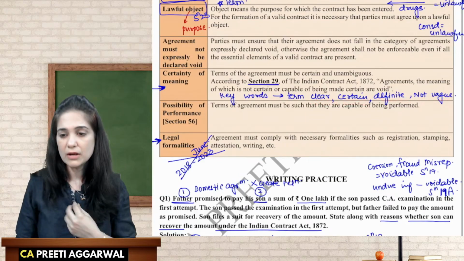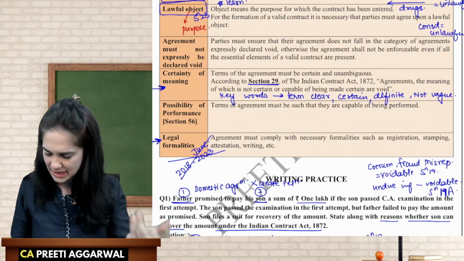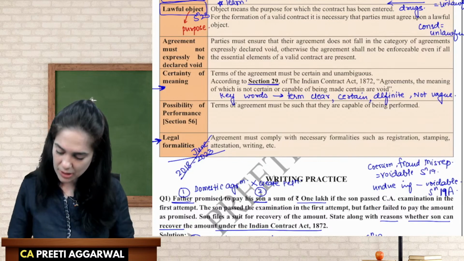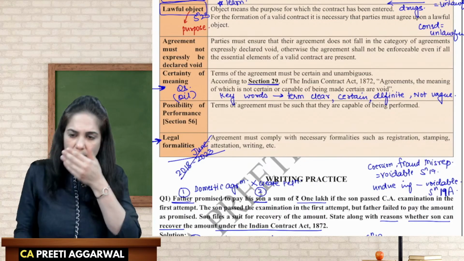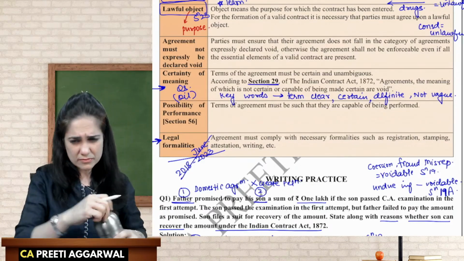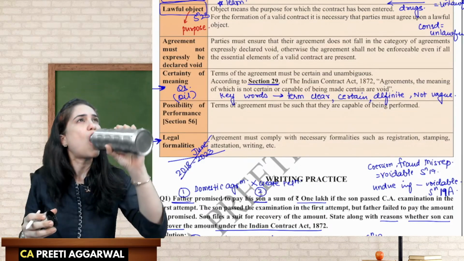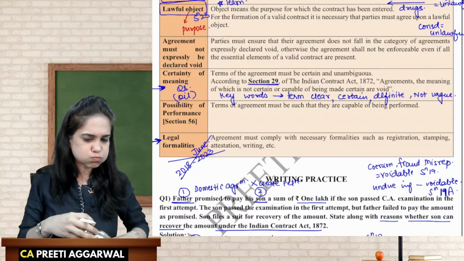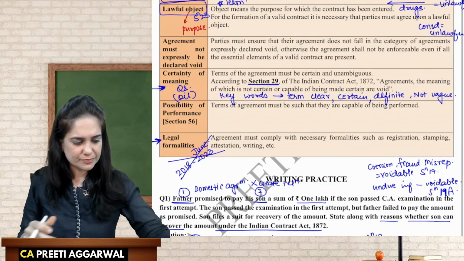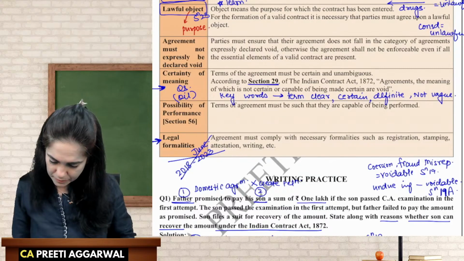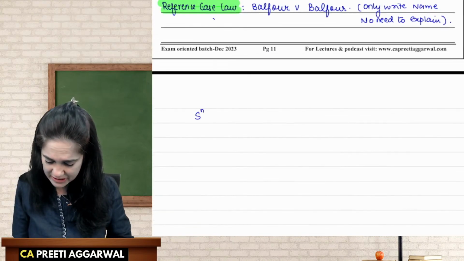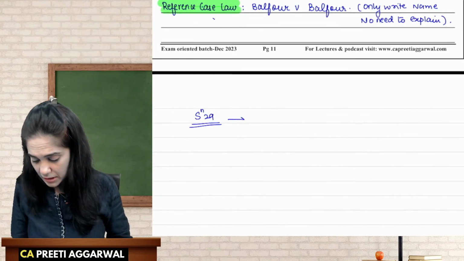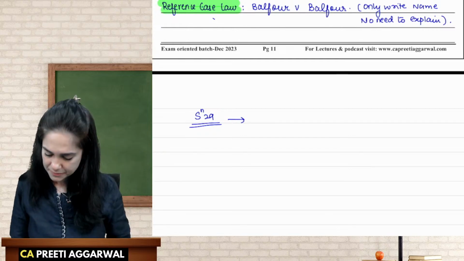Now, what is important for exam? हमारा exam oriented batch है, तो important for exam क्या होगा? इस पे question आएगा oil वाला. Oil वाला example है, उस पे question आएगा. Now, what is the question? Section 29, if it is asked in the exam, यही example पे आएगा.